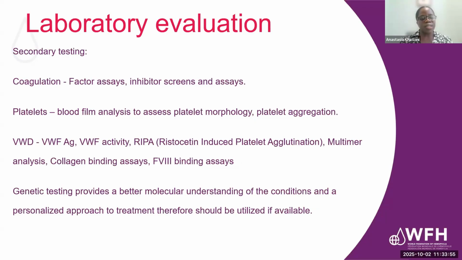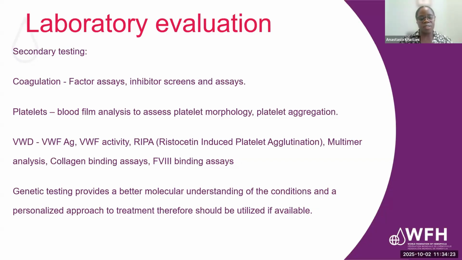Once you've classified whether it's type 1, type 2, or type 3, then you can use the different tests available to you to detect the subtype. There are different methods that you can use to detect which type 2 subtype the patient may have. So there is ristocetin-induced platelet agglutination, multimer analysis, collagen binding assays, and factor 8 binding assays.